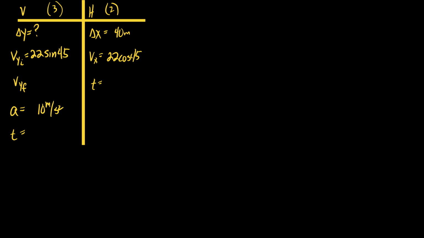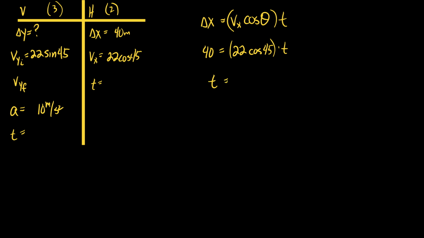So delta x equals Vx times t, or 40 equals 22 cosine 45 times t. 40 divided by 22 divided by cosine 45, I get 2.57 seconds.